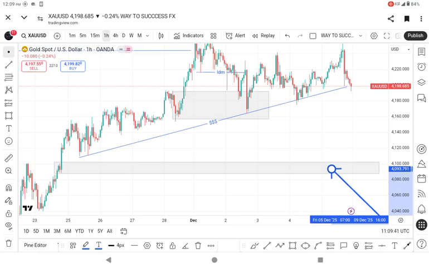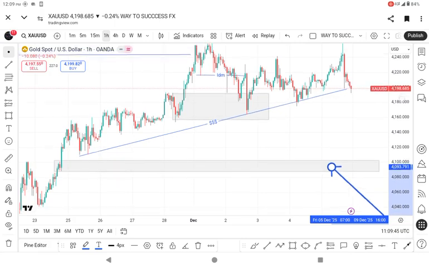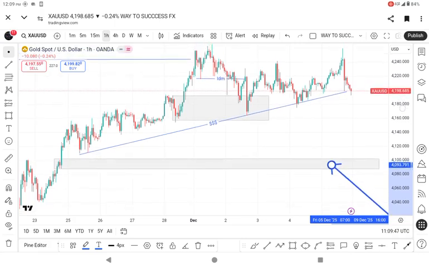So right now, at the level where price is now, price is not sitting at a zone where I can be looking for my buy setup or sell setup.